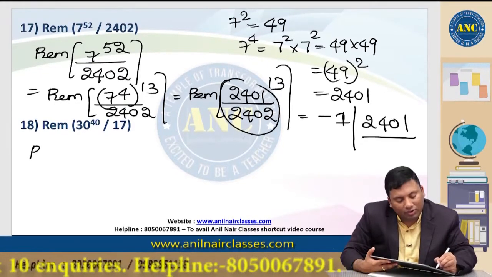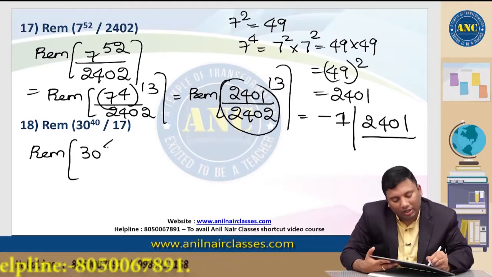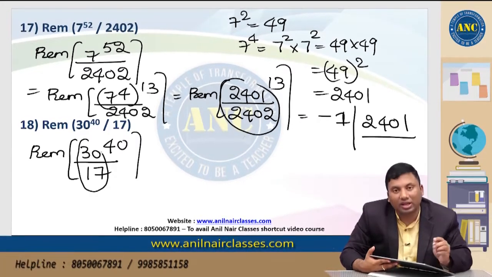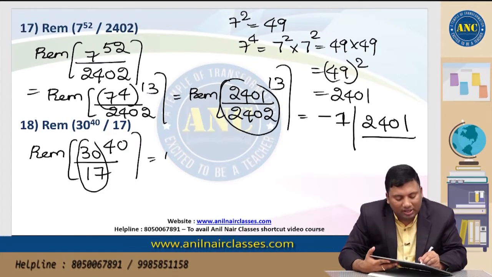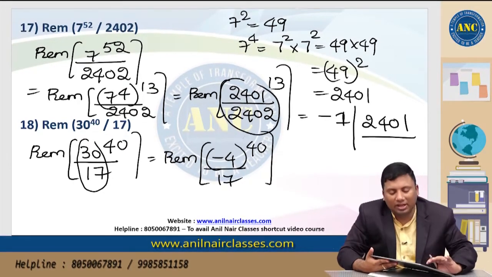18th, a very good question on remainders. Remainder 1. 30 power 40 divided by 17. 17 2s are 34, which is minus 4. Minus 4 power 40 divided by 17. Minus power even is plus.